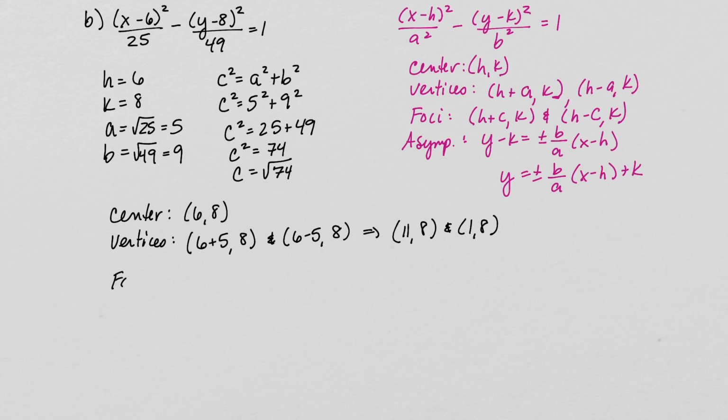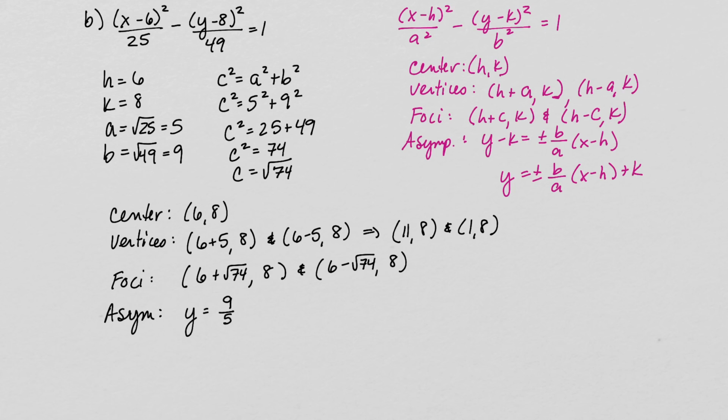Our foci are going to be h plus c, so (6 plus the square root of 74, 8) and (6 minus the square root of 74, 8). And again, we're just going to leave it that way. And then our asymptote equations are going to be y is equal to b over a, so 7/5, times (x minus 6) plus 8. And it's plus or minus.